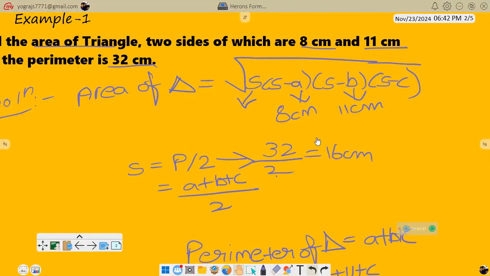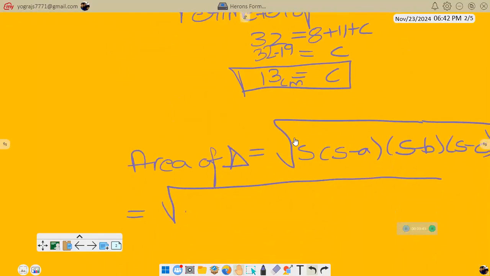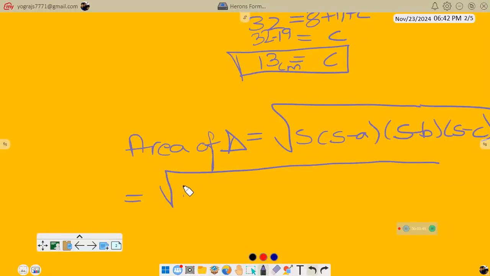S is 16 centimeter, A is 8 centimeter, B is 11 centimeter and C is 13 centimeter. S is 16 centimeter. Now 16 minus 8, 16 minus 11 and 16 minus 13.